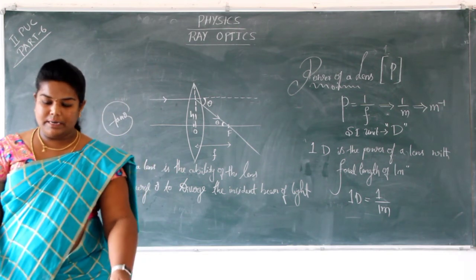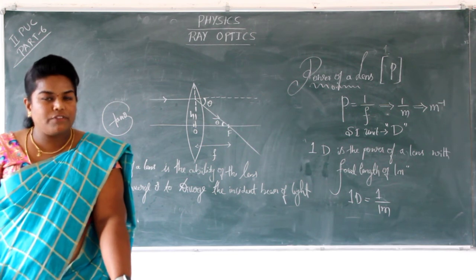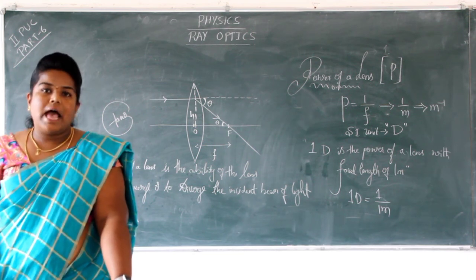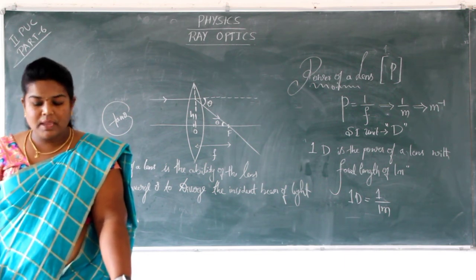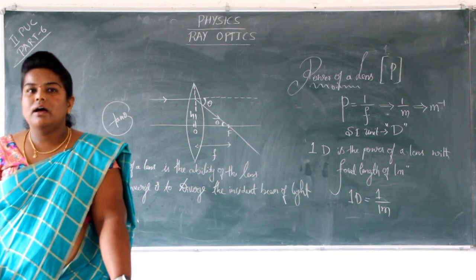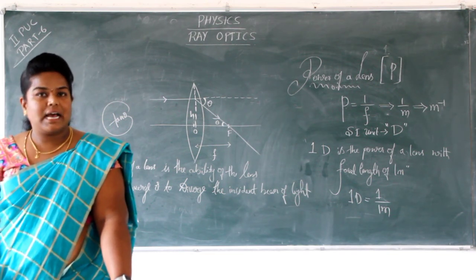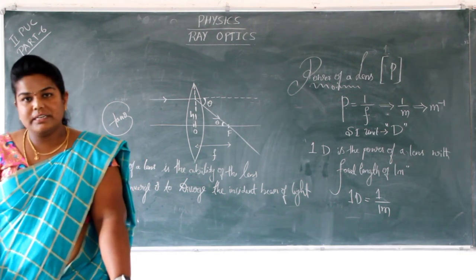Finally, we discussed on what factors the focal length of a lens depends, what happens if we dip a lens inside water, and the definition of power of a lens and how that power can be defined with the help of the SI unit, diopter.